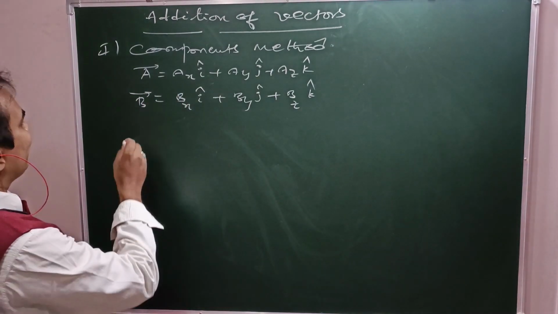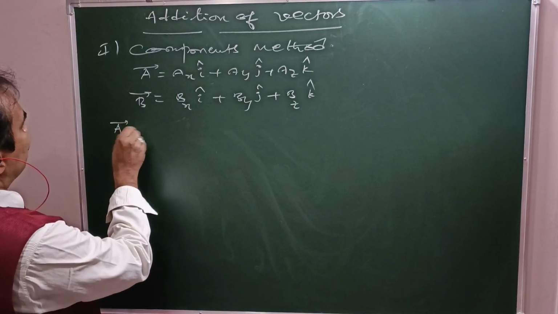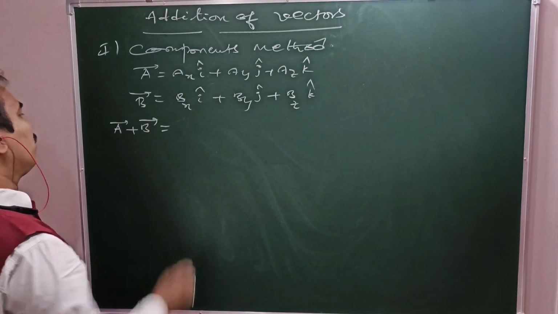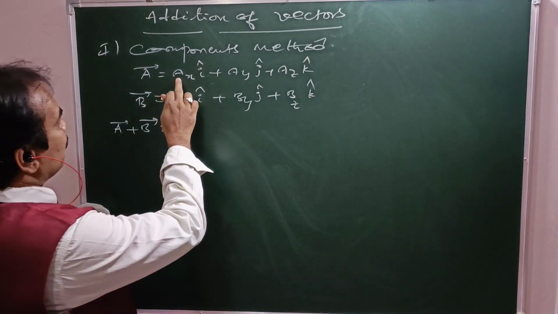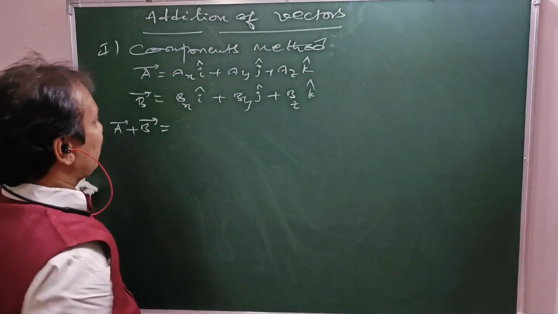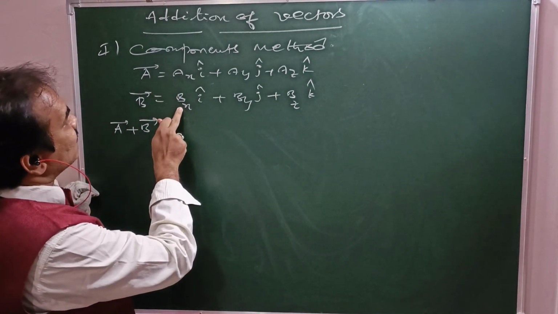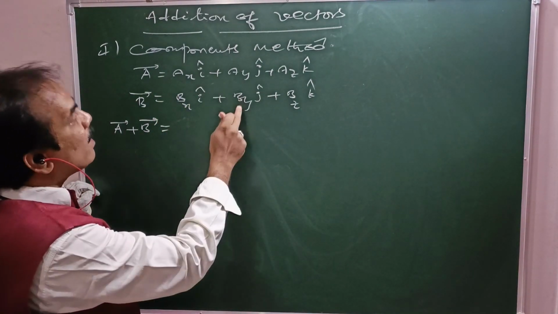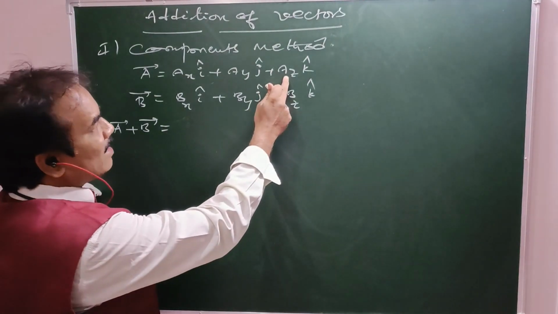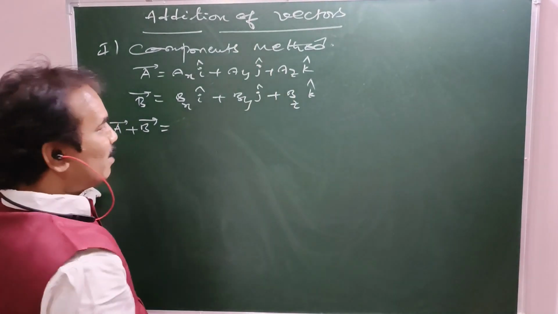How to add these two vectors, a bar plus b bar? What is the method here? Components method. Simply add similar components. Here x component ax, here x component bx, here y component ay, here y component by, here z component az, here z component bz.